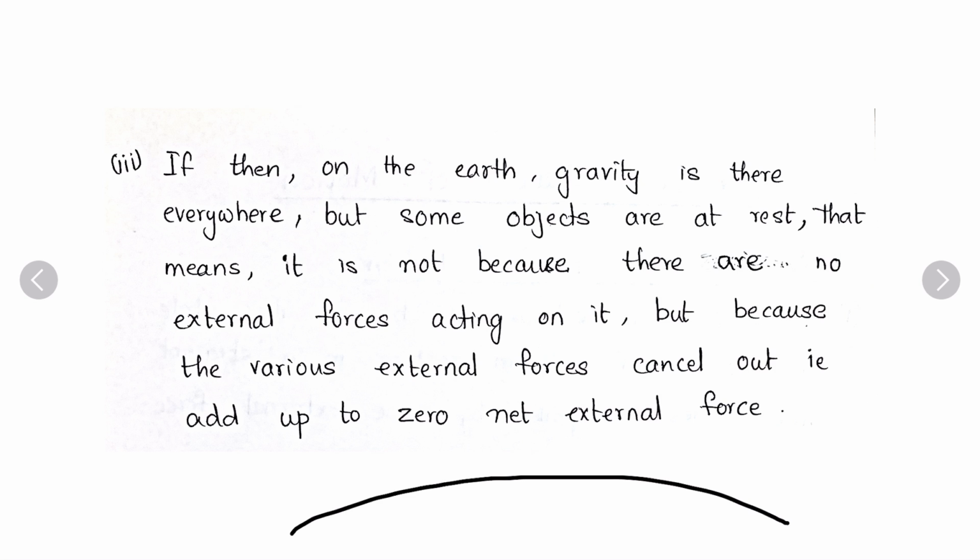Up to a certain height, a certain altitude, we have gravity. But some objects are at rest. Just now I gave you an example. Let's take a ball; it is there on the surface of the earth, and it is at rest.